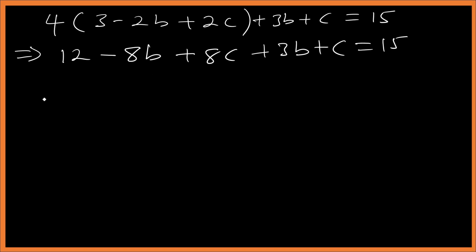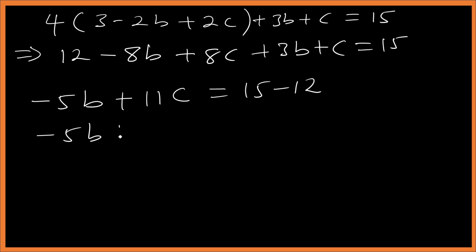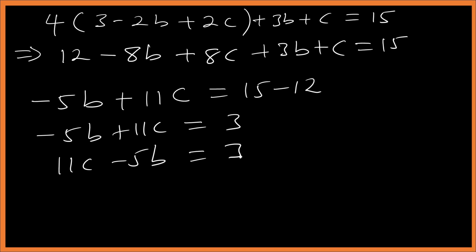So minus 5b plus 9c... that will be 15 minus 12. So minus 5b plus 11c will be 3. So 11c minus 5b is the same as 3. That will be the sixth equation.